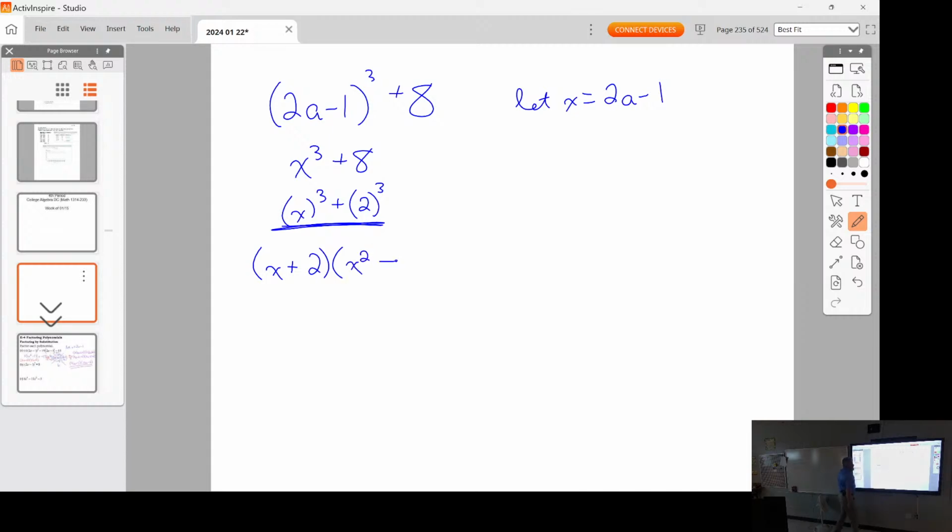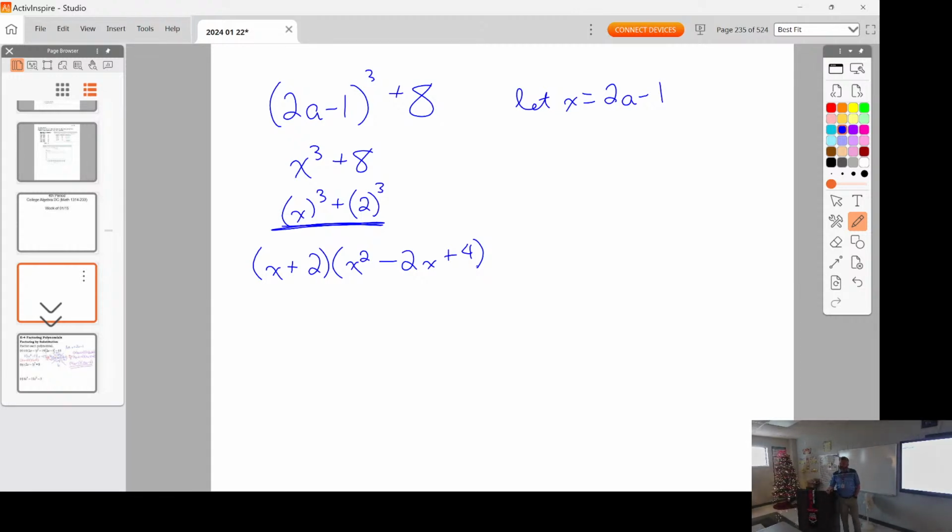Opposite sign, so minus. Multiply those two guys together and we get 2x. Always plus. Square this last guy, square that 2 and get 4. It's now factored.